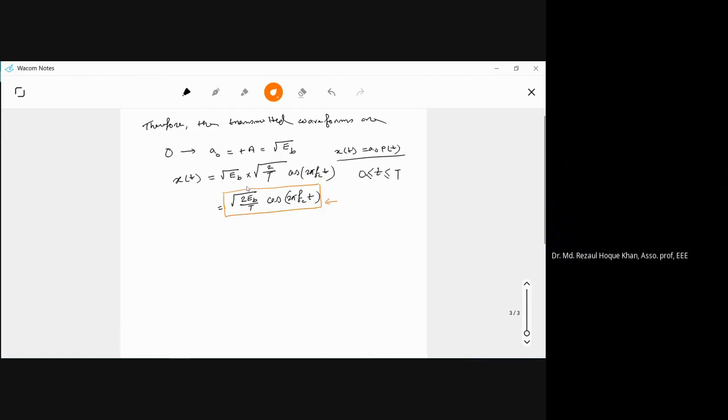This is the waveform corresponding to bit 0.